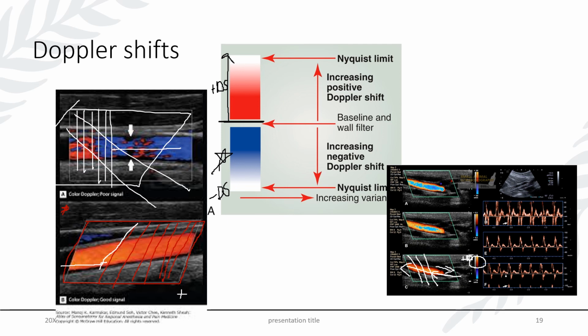So if I'm telling my machine to only read to, say, and this is just an example, 23 centimeters per second, and my blood flow is going faster than 23 centimeters per second, it will start representing anything beyond this level as blue, and we call that aliasing or wraparound.